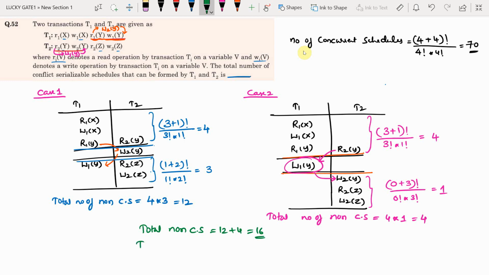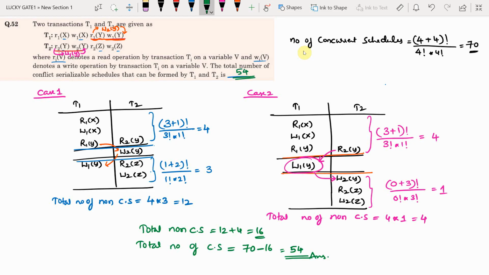Because my question is about CS schedules, means conflict serializable schedules, I can say the total number of conflict serializable schedules equals total concurrent schedules minus total non-CS schedules. Subtracting 16 will give you the total conflict serializable schedules, that is 54. So 54 is the answer for the question.